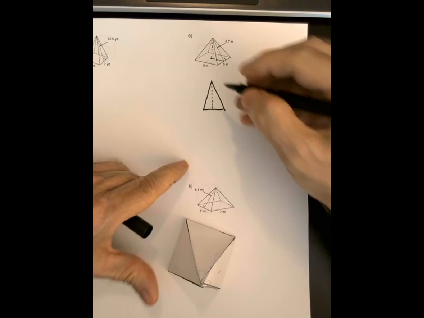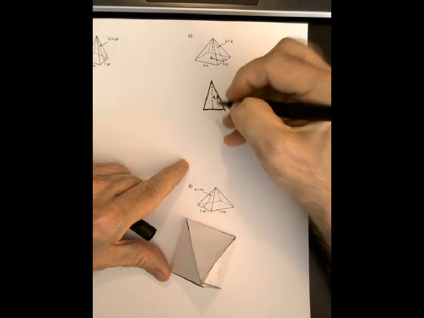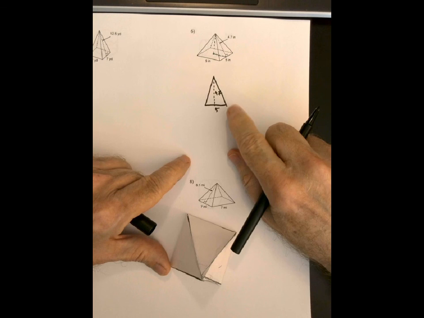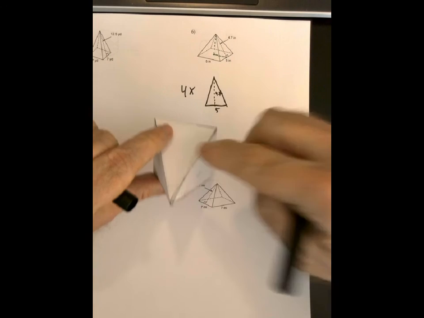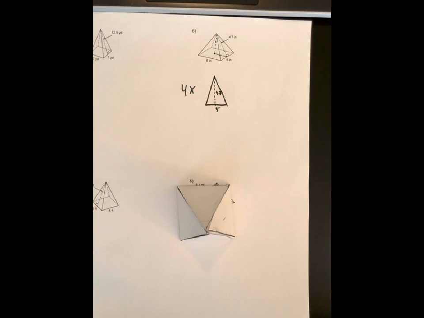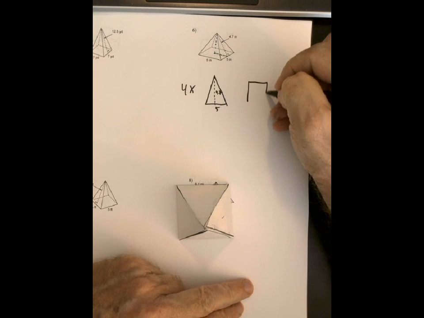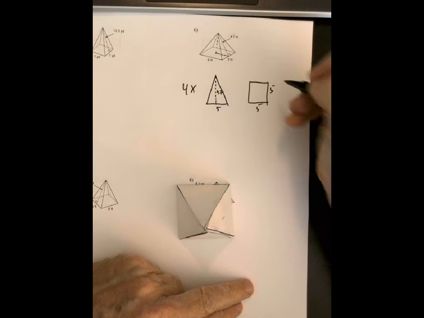That's the height of the triangle, which is 4.7, and the base is 5. And there's 4 of them, so we're going to find this area, and since all 4 sides are equal in area, we can just multiply that number by 4. And then we've got to get the area of the base, which is a square, 5 by 5.